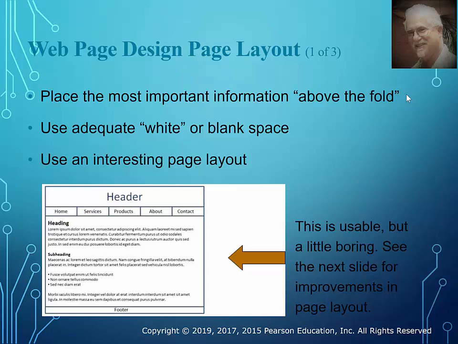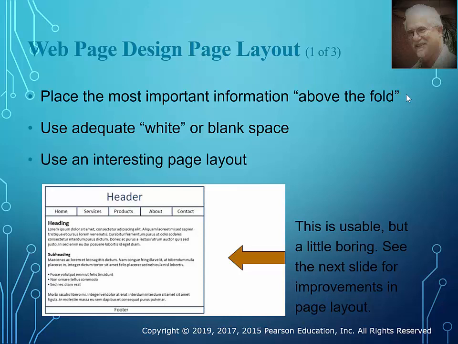This is true not only for people reading newspapers but for people on the web. If they have to scroll down, they might not see the information. Not everybody scrolls. It's why people try really hard to be at the top of the list in Google, because not everybody scrolls down the Google list. They select those items near the top, above the fold, before the scrolling.